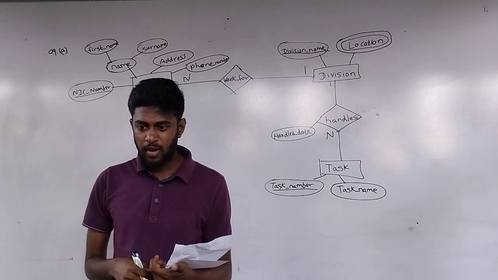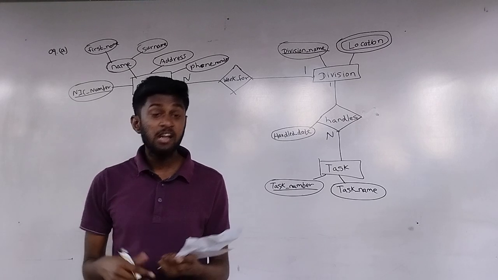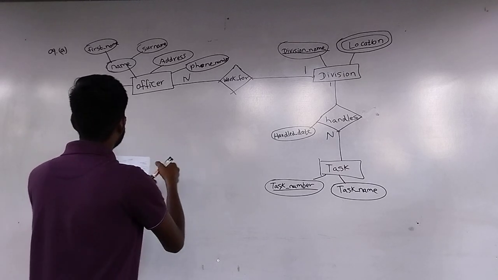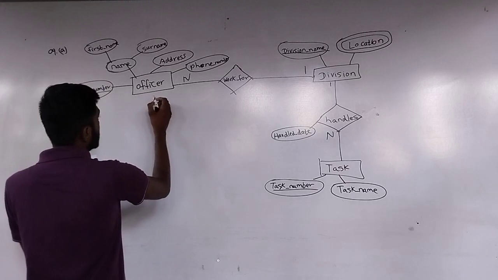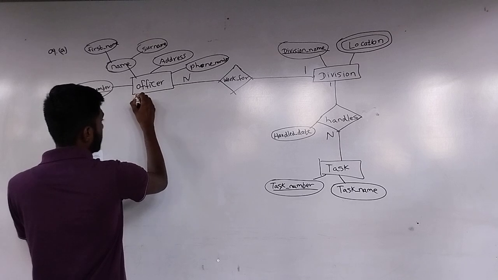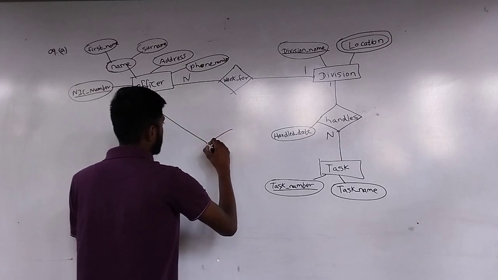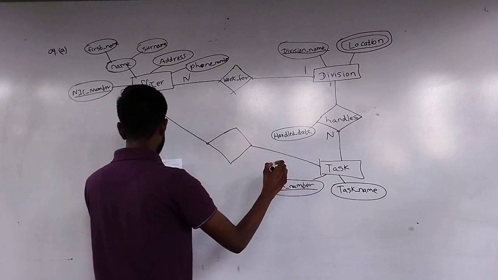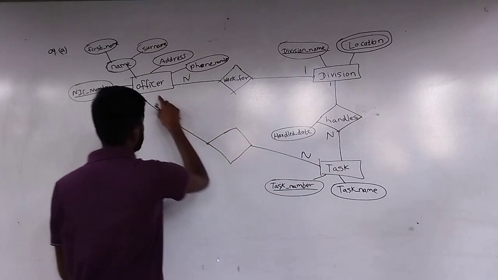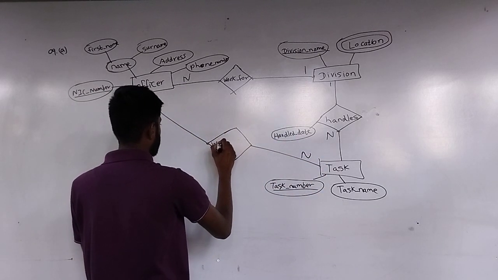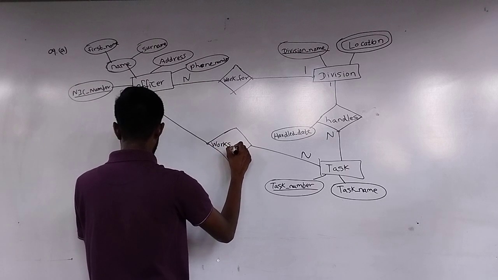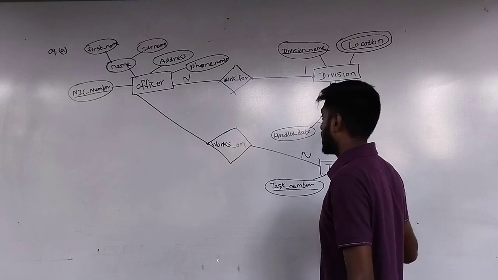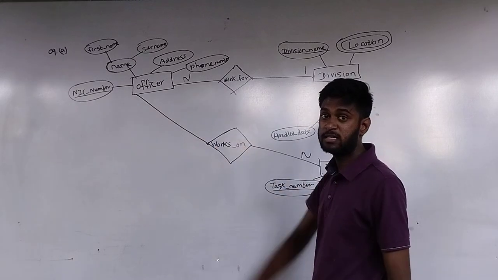An officer is assigned to one division but may work on several tasks. That means this officer works on another relationship, several tasks. So this side many. One officer can work on several tasks. So here let me say works on. And if you take one task, you can assume that many officers are working.